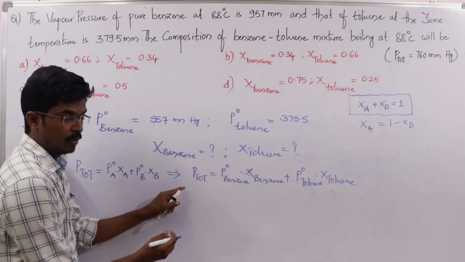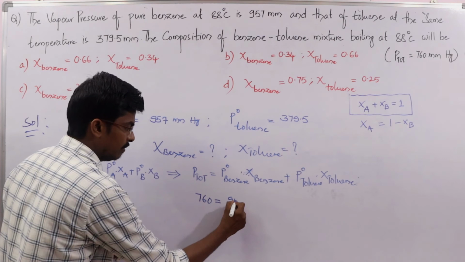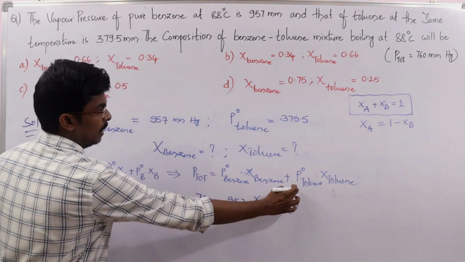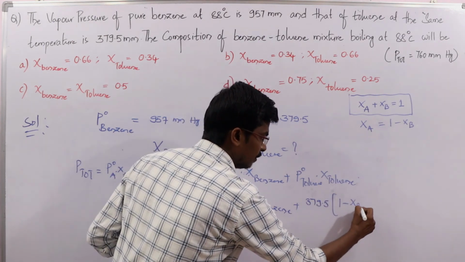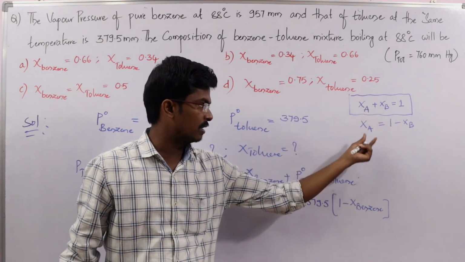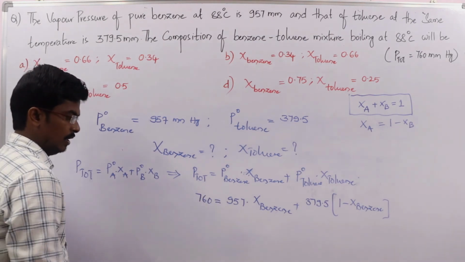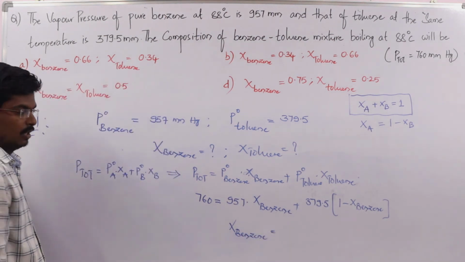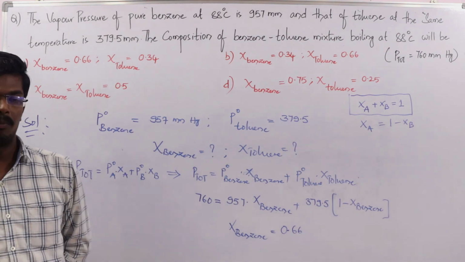Here P total is equal to 760, P naught benzene is 957 into X benzene, whose value we don't know, plus P naught toluene, 379.5, into 1 minus X benzene. Is that possible? Yes, the sum of mole fractions is always 1. When we simplify, you get X benzene is equal to 0.66.